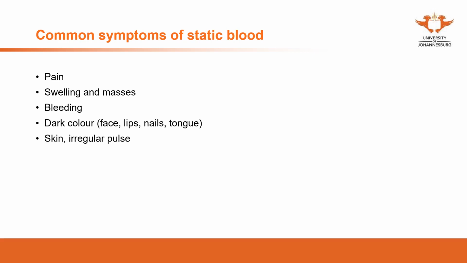The common symptoms of static blood: pain, swelling, masses, bleeding, dark color, irregular pulse. Irregular pulse can refer to many different kinds of pulse. We're going to introduce it in the diagnosis.